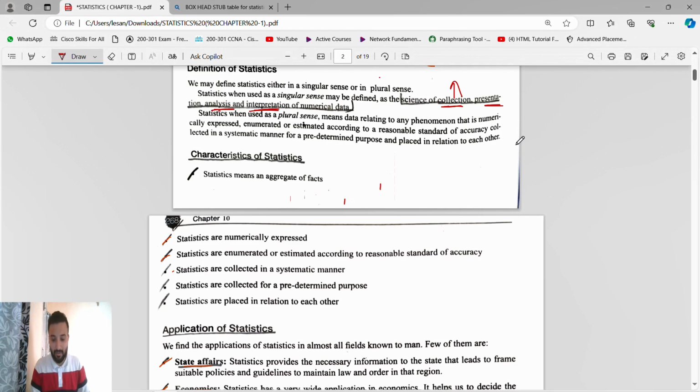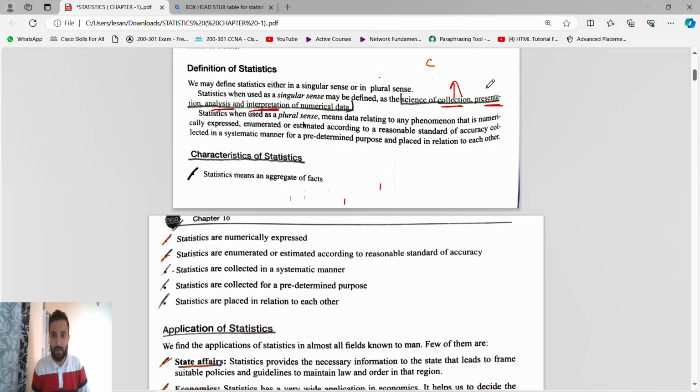Then what will happen? After presentation comes analysis, which means you will visit every institute, the 5-6 institutes whose names you have selected, and see in real.